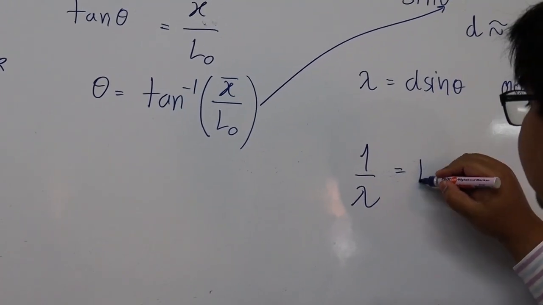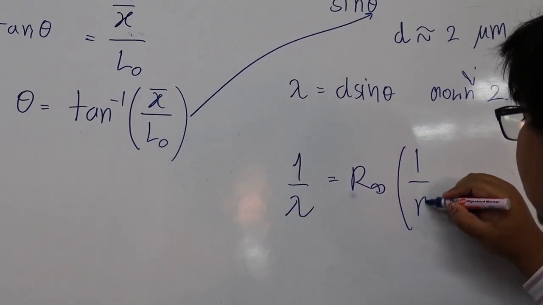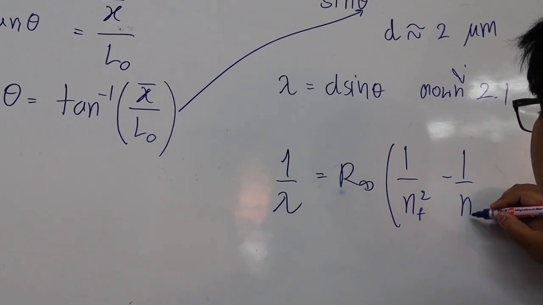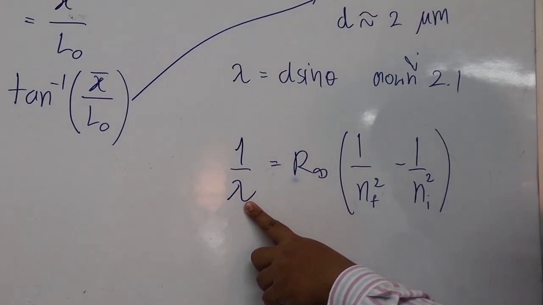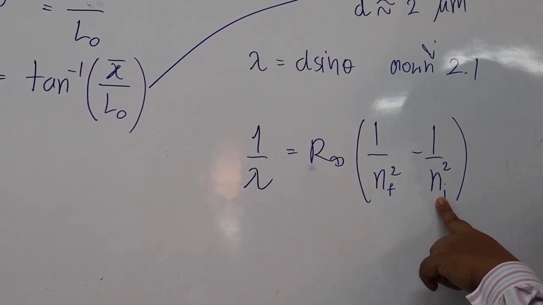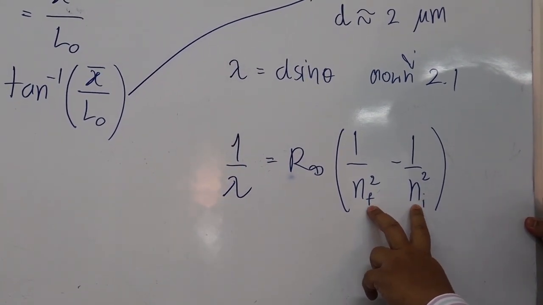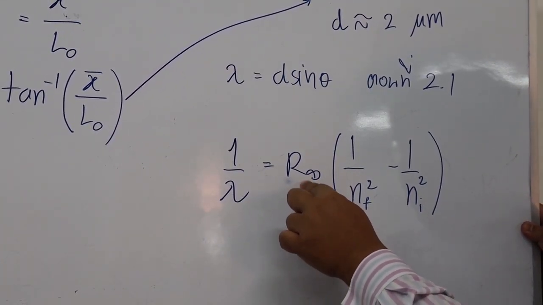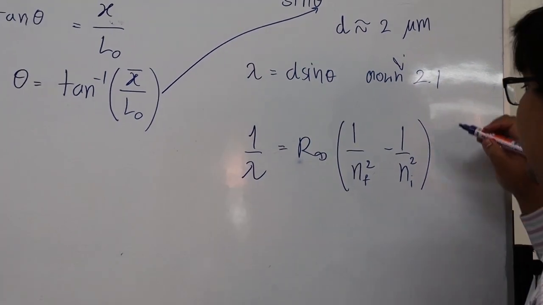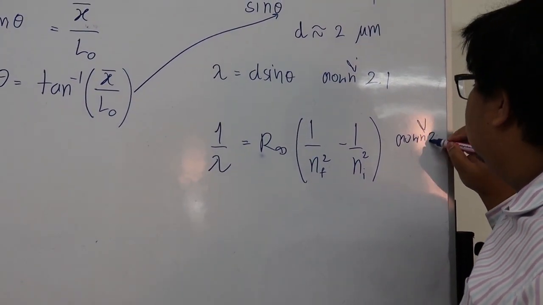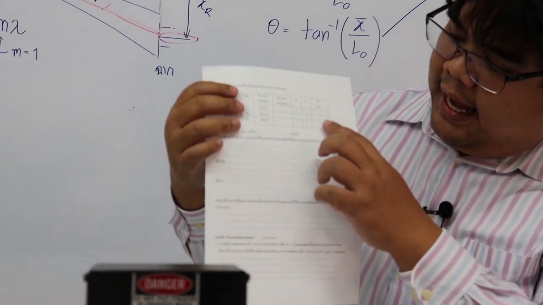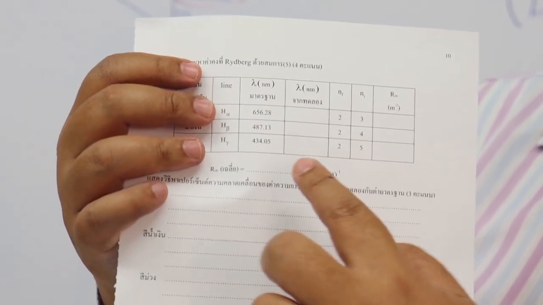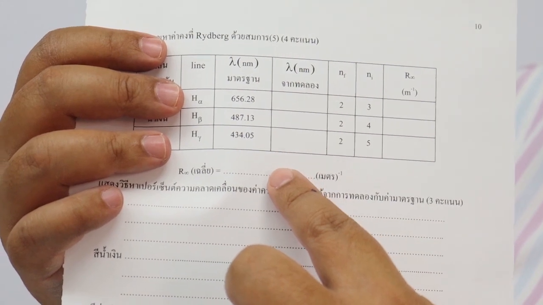If you remember, I have the formula 1 over lambda equals R infinity multiplied with this parenthesis. When you know lambda, NF and NI, you can calculate R infinity. So you get 3 values of R infinity. Average them and put it here.